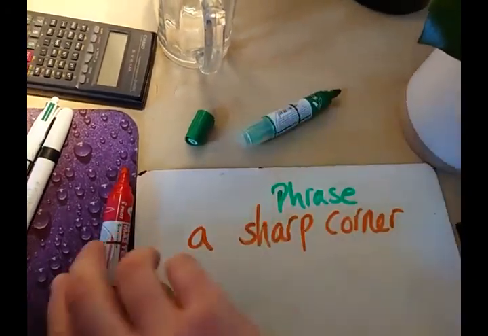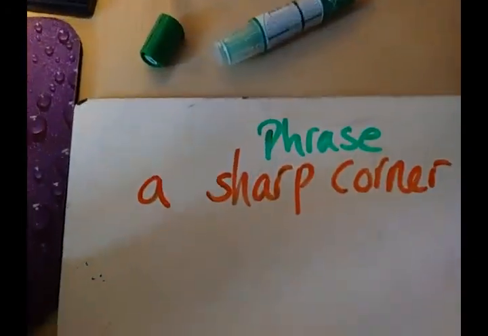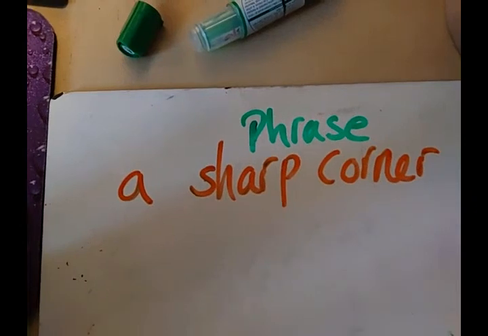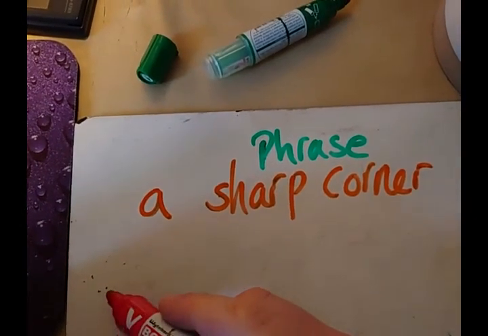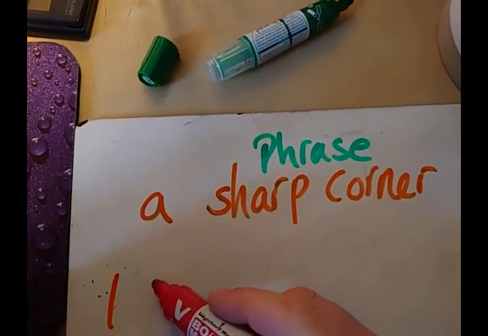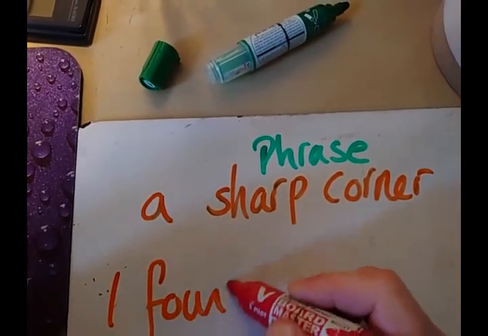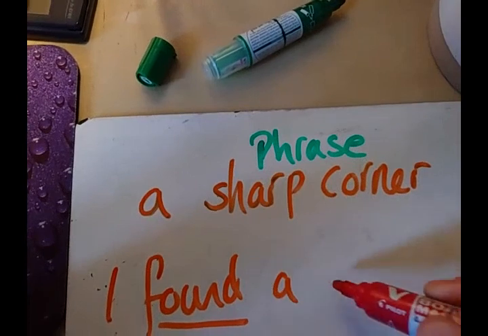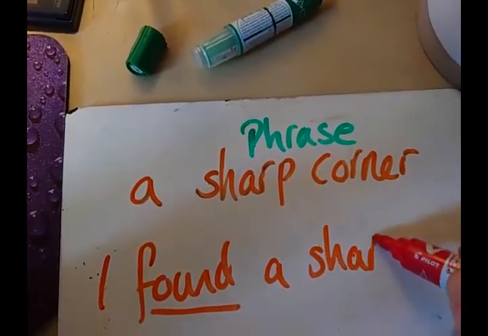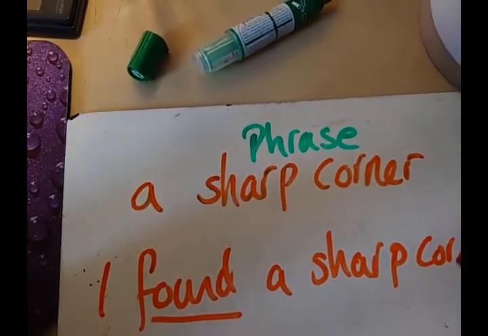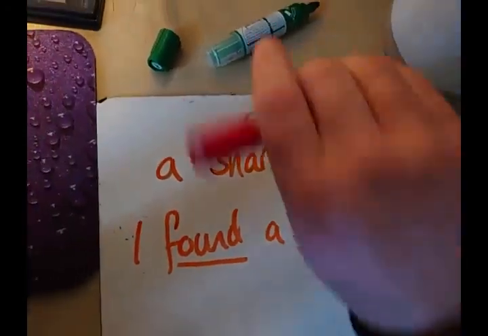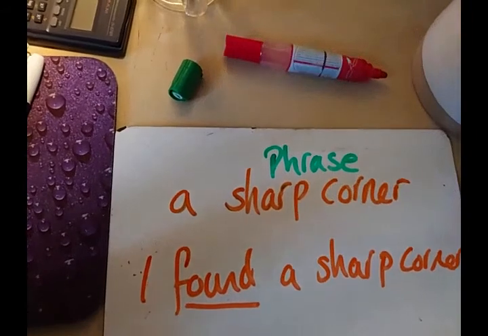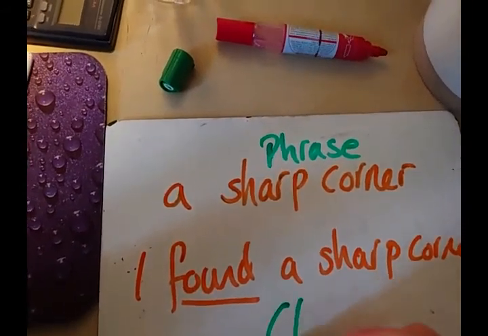Now, if you put some words together that do include a verb, let's have a look. I found, that's our verb, a sharp corner. Full stop. Now that has a verb in it, we call this a clause.